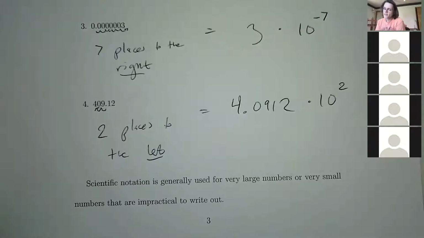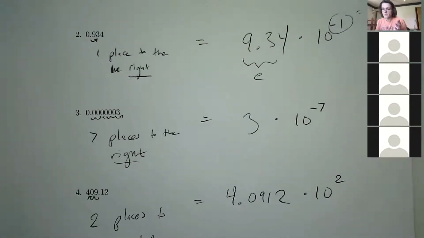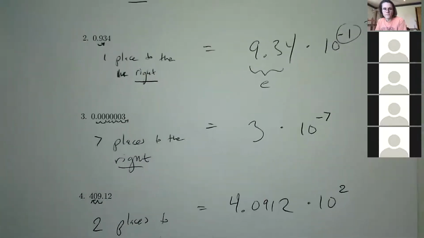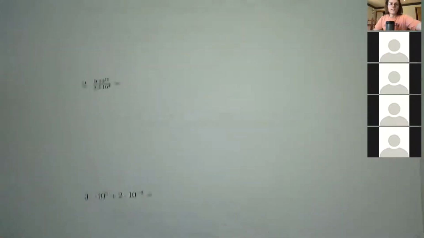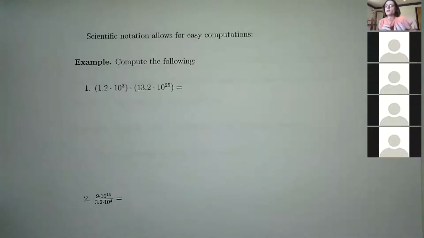All right. So as I said, these are really used for numbers that are really big and really small. Any questions about getting them in this form though? All right. So another reason that they're useful is that they allow you to compute products and divisions really, really easily.